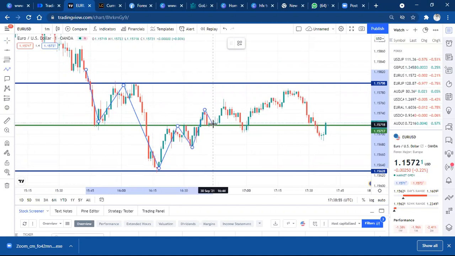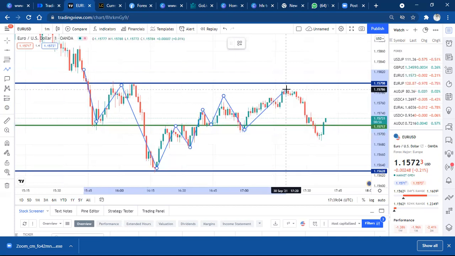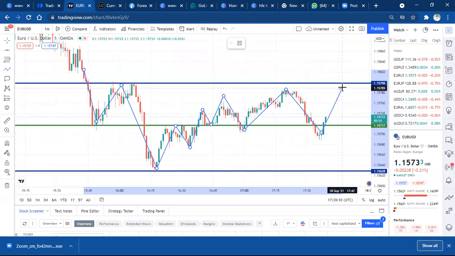When it came above it, it became support again. Right now, price broke through a little, but it's not really breaking through, it's coming back. So this line is important, but I want you to see more than this line today.